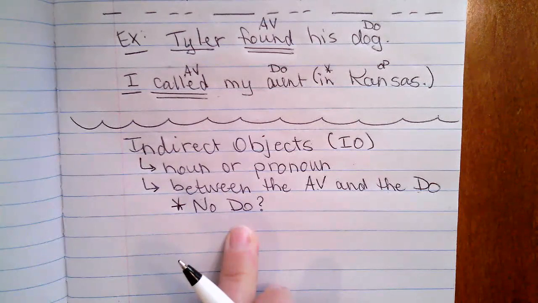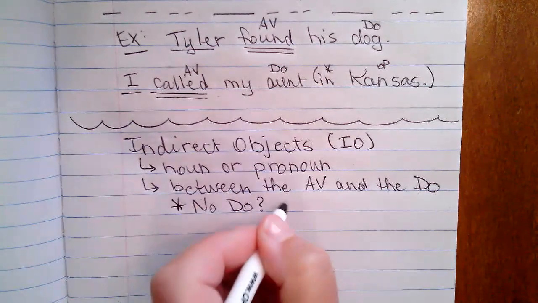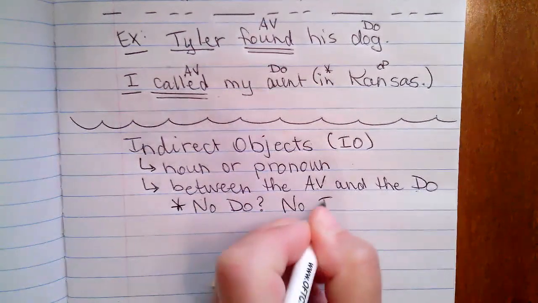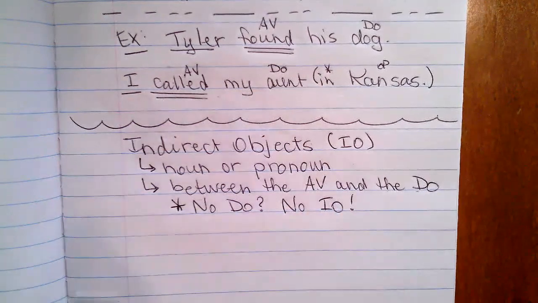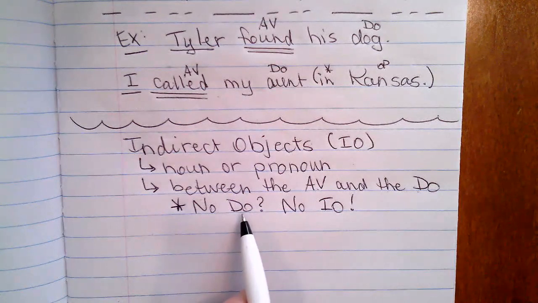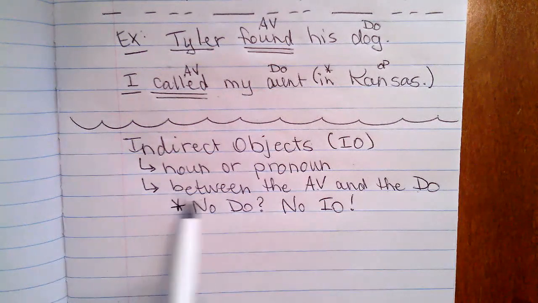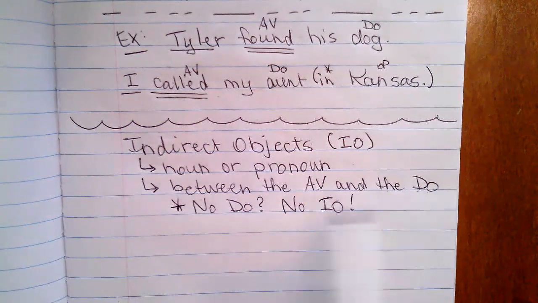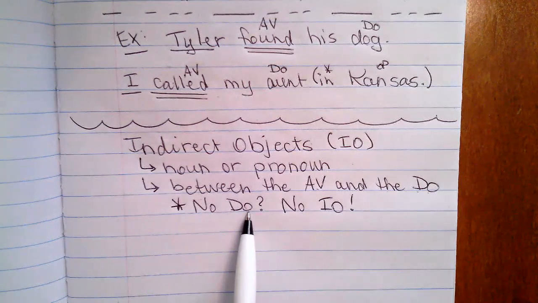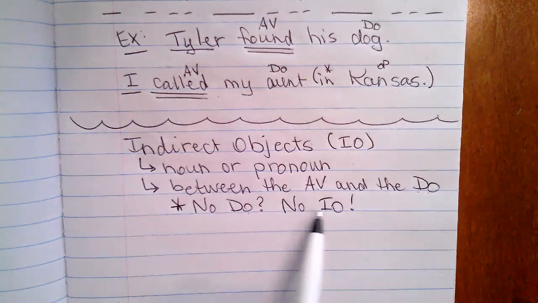Well, guess what? If there's no direct object, then there is no indirect object. You have got to have a direct object in your sentence to be able to have an indirect object, because the indirect object is between the action verb and direct object. So no direct object means you have no indirect object.